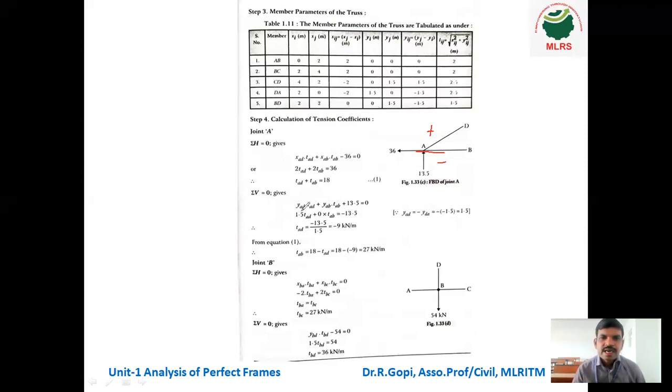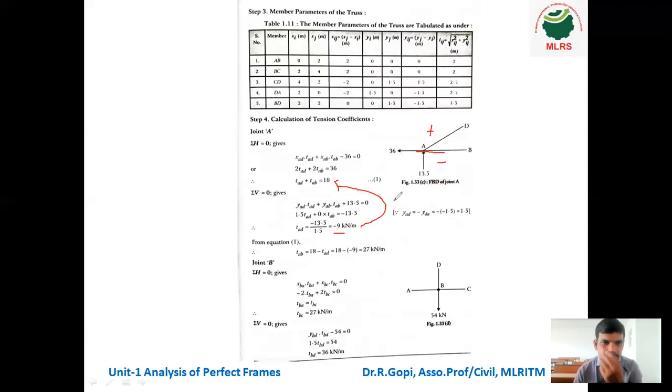YAD is 1.5 TAD, positive because it is in the positive quadrant. YAB is 0 because it is purely horizontal. Then plus 13.5 goes to the other side as minus 13.5. Therefore TAD is minus 13.5 divided by 1.5, which is minus 9 kilonewton per meter. Now substitute this TAD in the earlier equation.